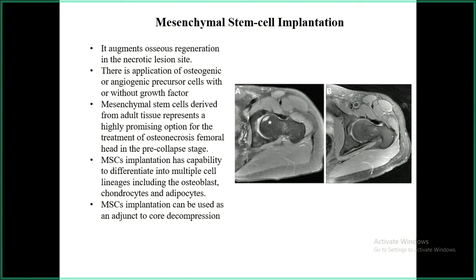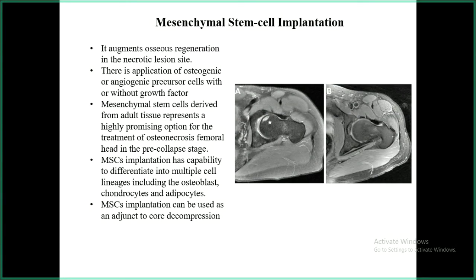Mesenchymal stem cell implantation. This is again used like ACI, autologous chondrocyte implantation, that you use in femoral articular defects as well as in patellar defects. It augments osseous regeneration in the necrotic lesion site. There is application of osteogenic or angiogenic precursor cells with or without growth factor.